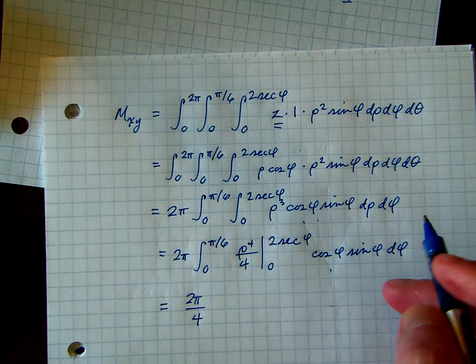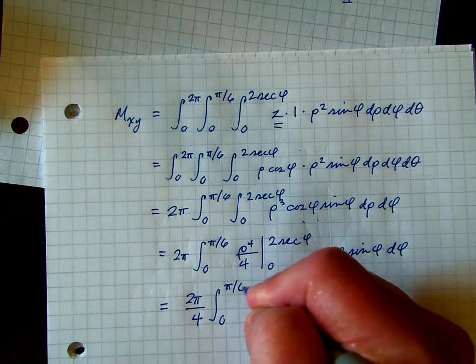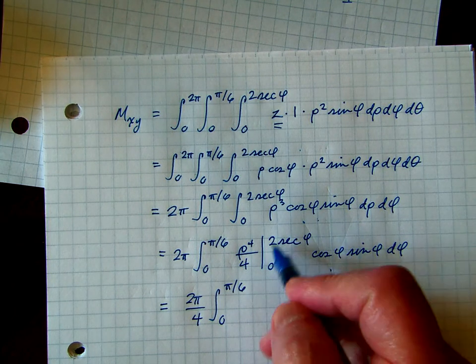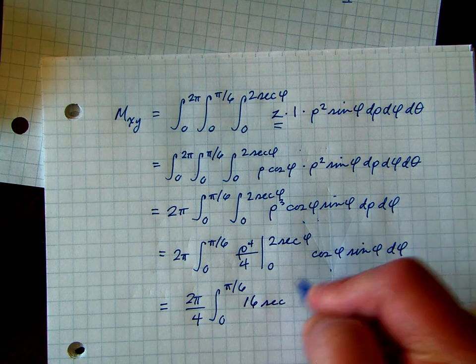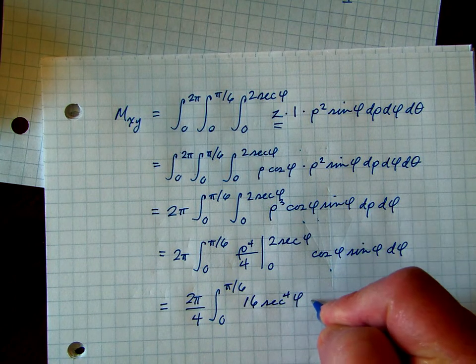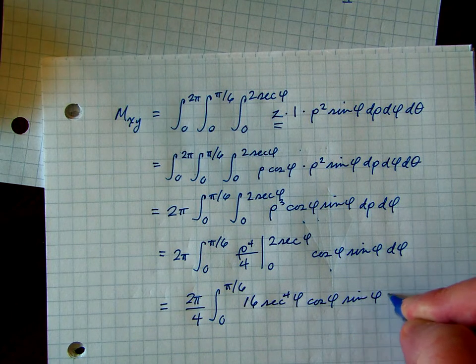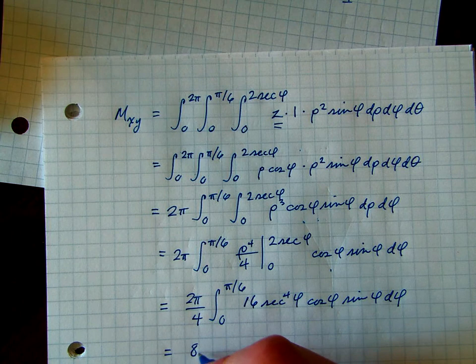Okay. 4th power of 2 secant phi. Well, 2 to the 4th is simply 16. Secant to the 4th power, cosine, sine, and the differential. Okay. Well, 2 pi over 4. 4 cancels with the 16. We have a 4. We have 8 pi out front.